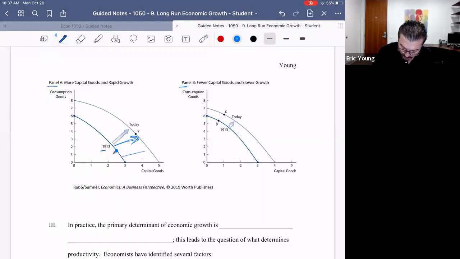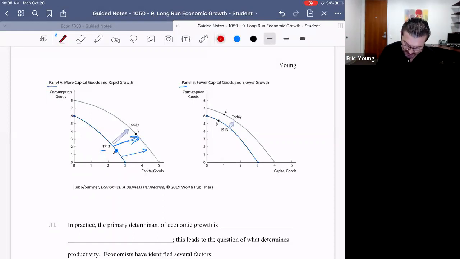That PPF really goes out far. What does that mean? Well, it means a few things. Remember that with the PPF model, you had points in it, points on it, and points beyond it. And the points beyond it, we defined as technically impossible currently.